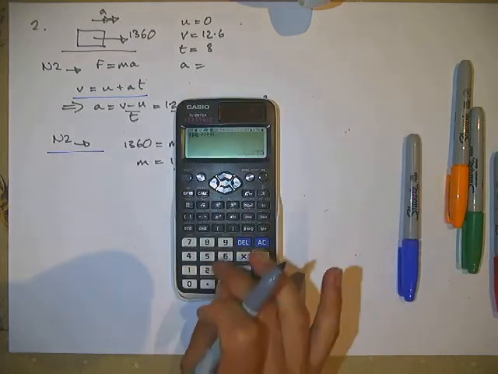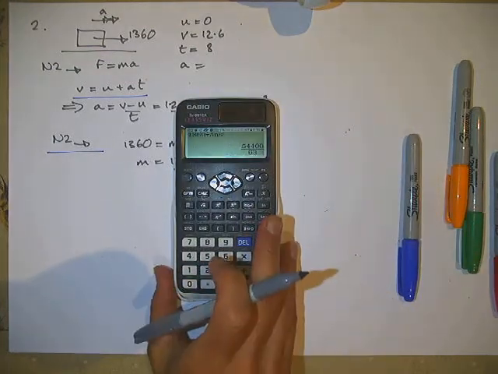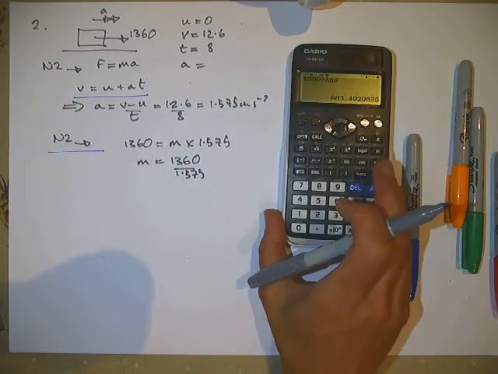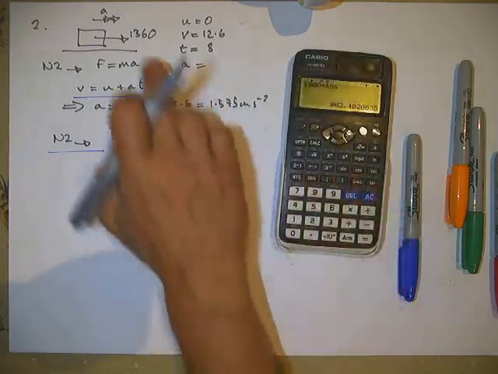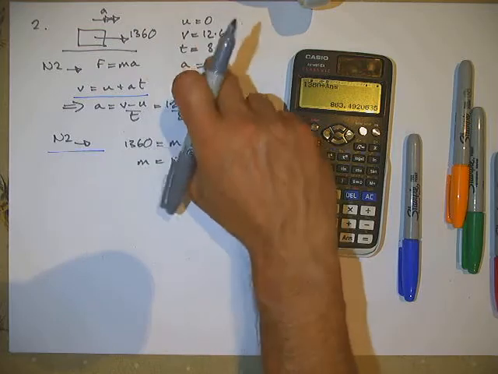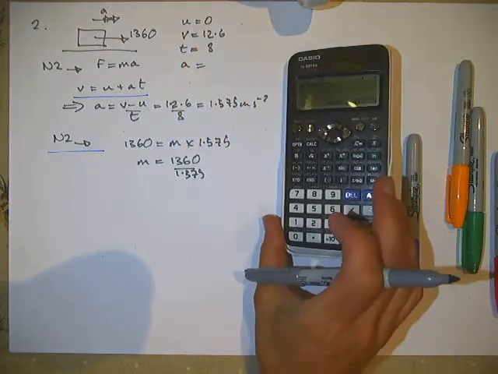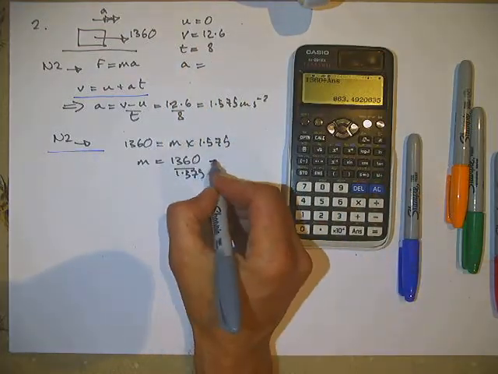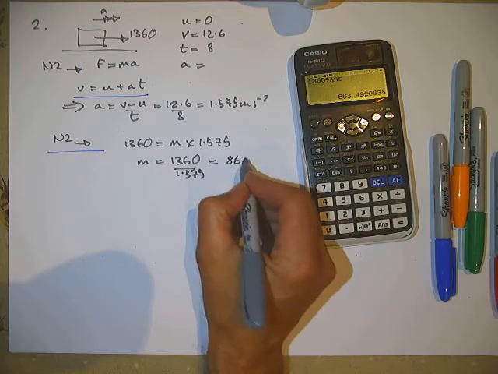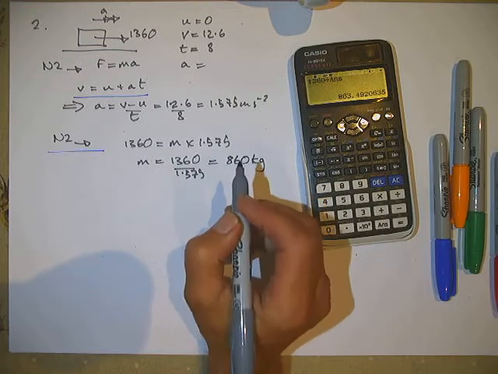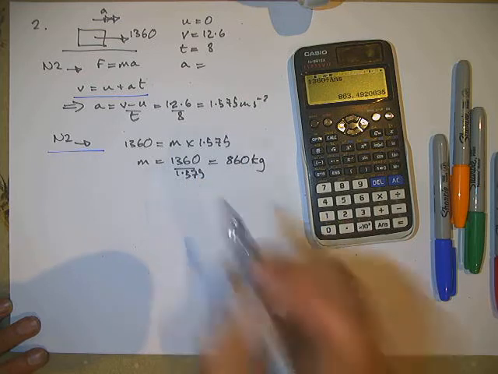So that's 1360 divided by the answer, 863. What's that? 3 sig fig, 3 sig fig, 1 sig fig. Right, 2 sig fig must be appropriate, mustn't it? 860 kilograms. Right, that's question 2.